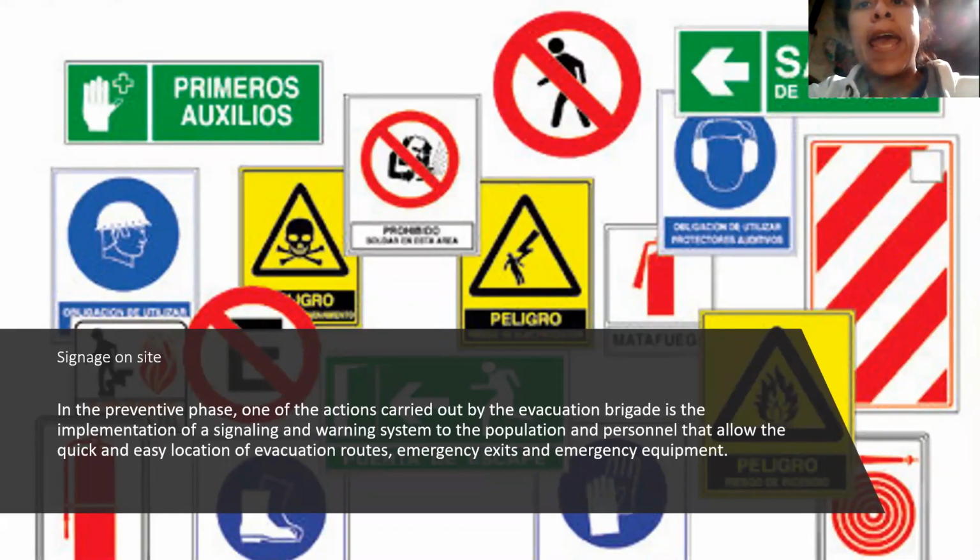And in the establishment, prohibition, obligation, warning, salvage, and indicative signaling were placed to inform or alert about the existence of a risk. The document contains all the phases of the action plan broken down in detail.